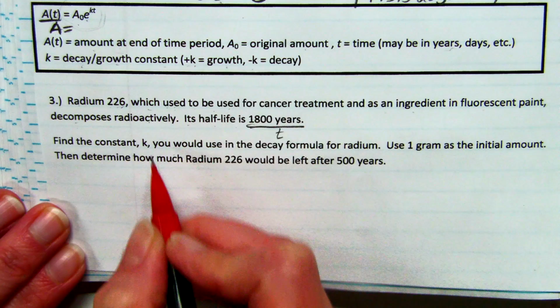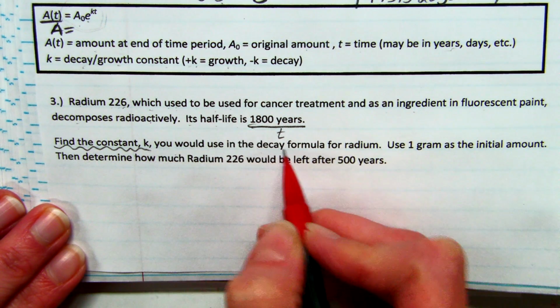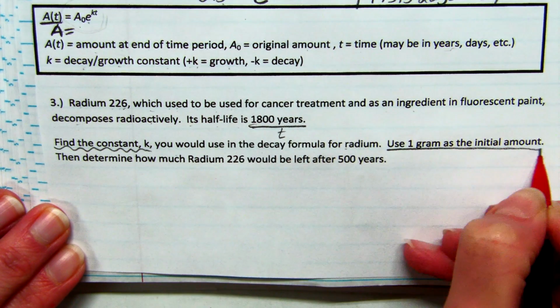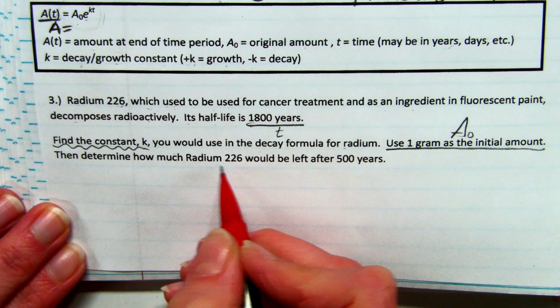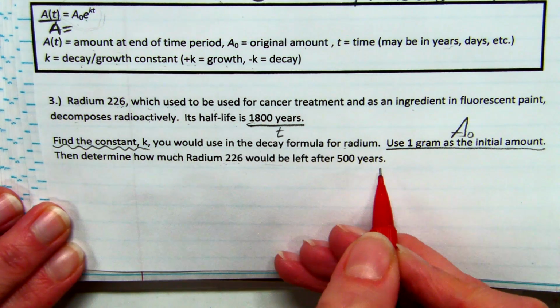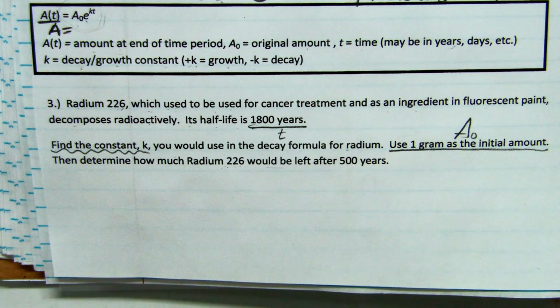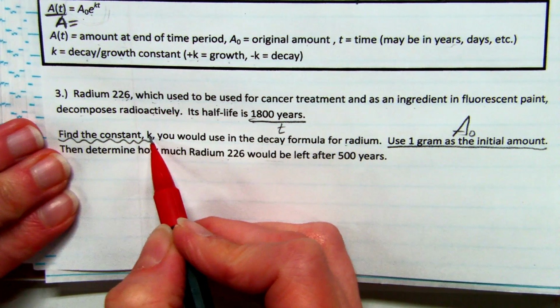Find the constant K, so that's what we're looking for. You would use it in the decay formula for radium. Use 1 gram as the initial amount, so that's going to be a sub 0. Then determine how much radium-226 would be left after 500 years. So we're going to do two different problems.